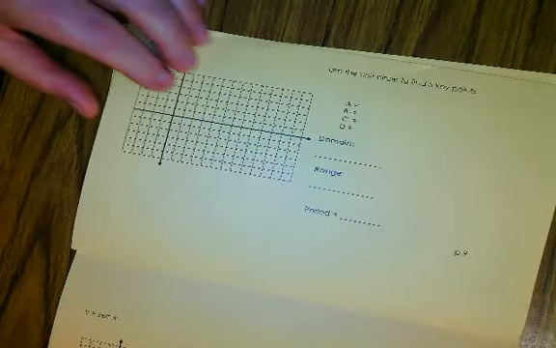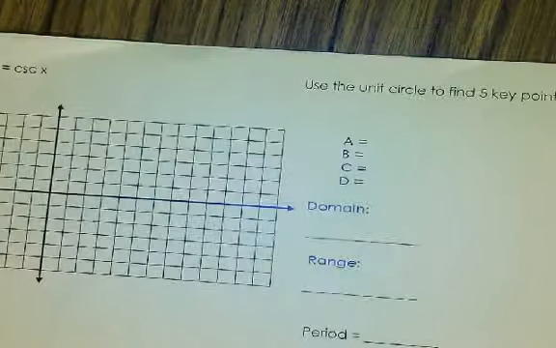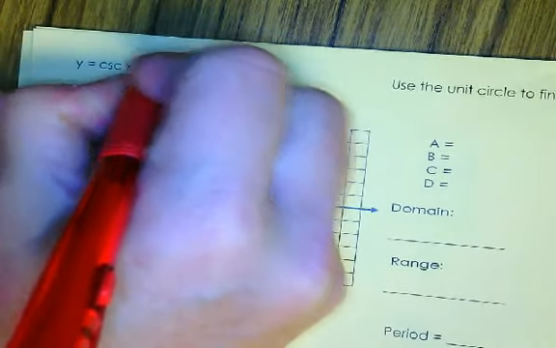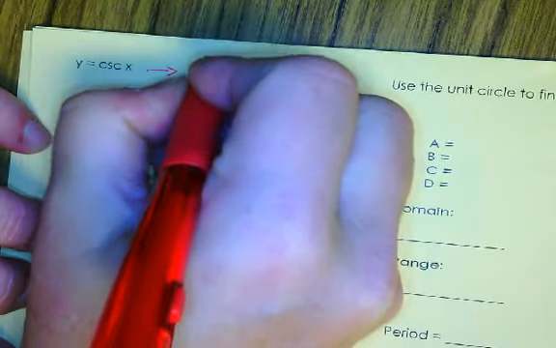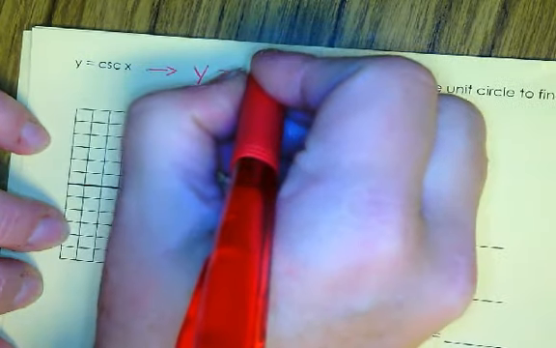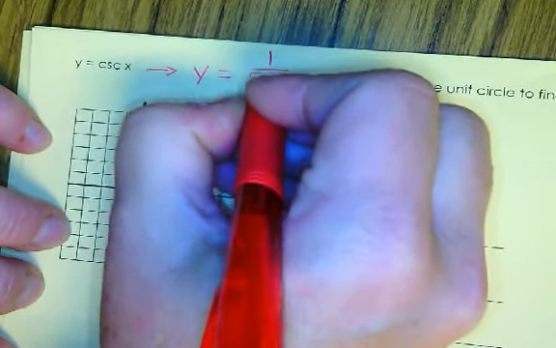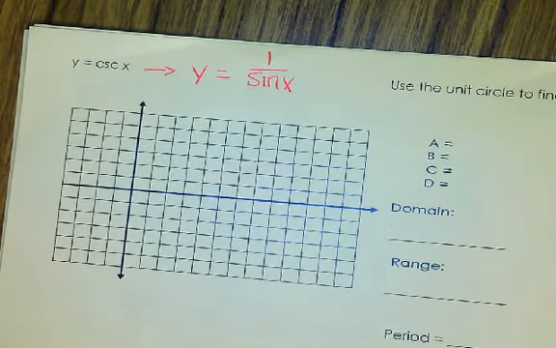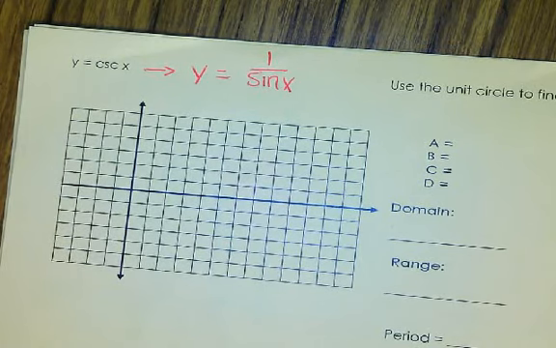The most important thing that you need to remember about cosecant is that it is related to y equals 1 over sine x. Since it's related to 1 over sine x, I can use the same numbers that I used to graph the sine function.